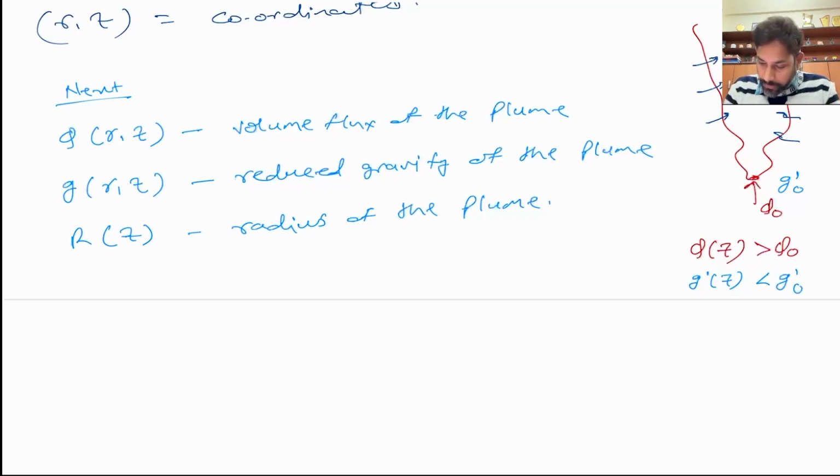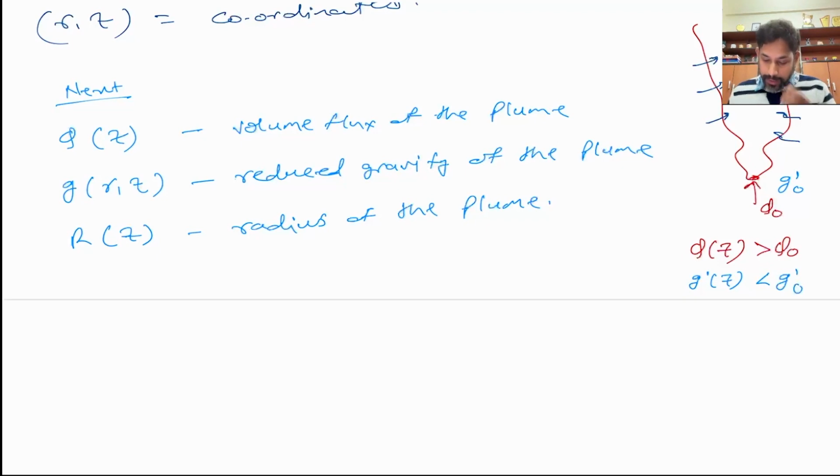So let's start with the volume flux derivation, and we will find reduced gravity after that, and also the radius. In case of volume flux, I think we should not write it as a function of r and z, because this is defined as the flux per unit area, and that's why we can write it as Q as a function of z only.